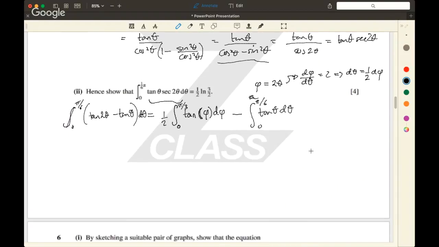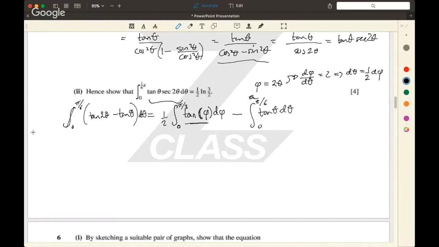Okay, so we've got two integrals. Both of them contain the tangent, but we don't have any formula in our formula booklet for the integral of tan.